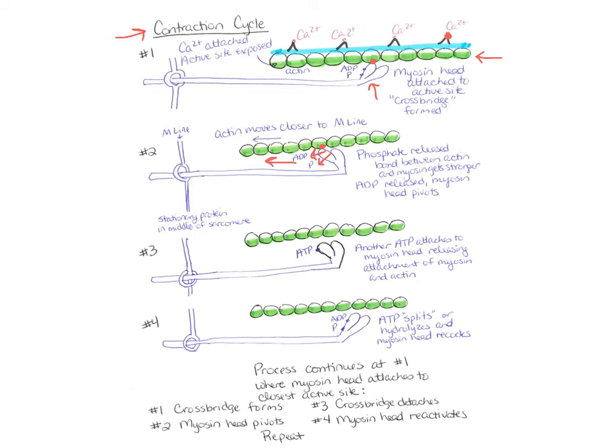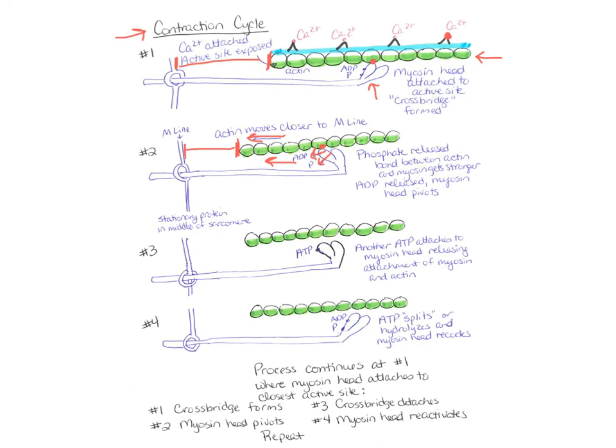Since the myosin head is attached to the actin molecule, the actin molecule is now getting closer to the M line. So here we can see how close the actin molecule was before the myosin head pivoted, and here we can see how close the actin molecule is to the M line after the myosin molecule pivoted.